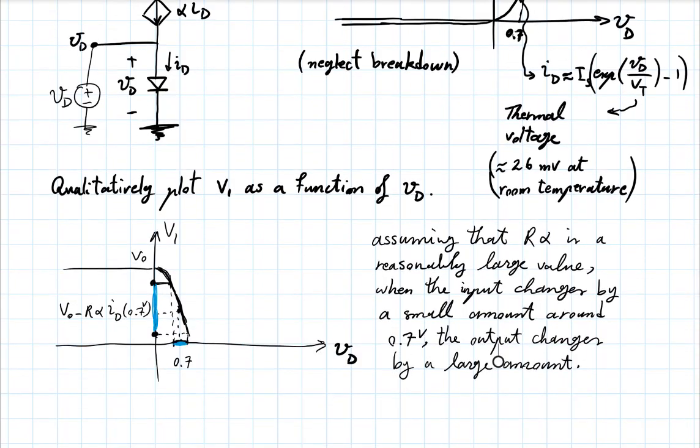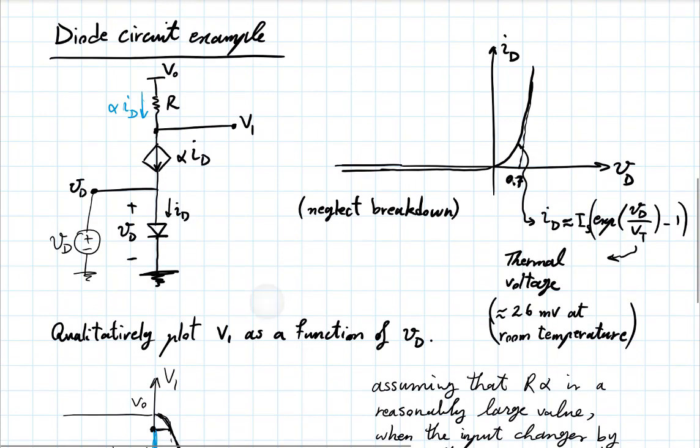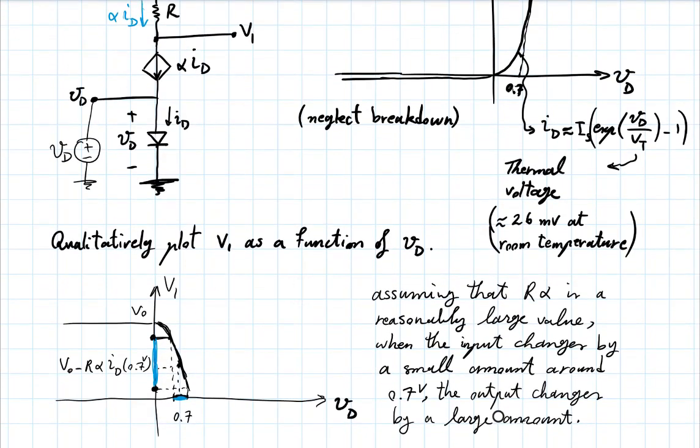So the voltage difference across that current-controlled current source is changing greatly in that range. Is that a problem? The voltage difference across it is V1 minus VD. And in this blue range, V1 minus VD is changing greatly. Is that a problem?